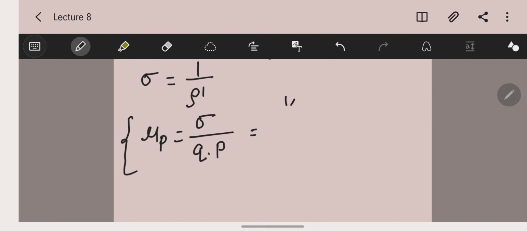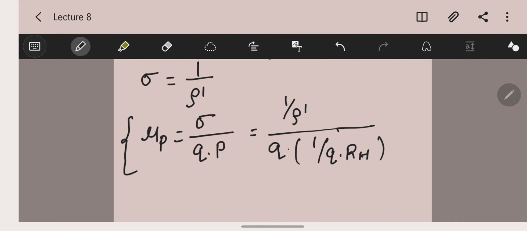I can write this conductivity in the form of the resistivity, 1 by rho dash, and modify this in terms of the Hall coefficient, Q into 1 by Q into RH. Using the above equations, this mobility of holes will be equal to RH, the Hall coefficient, divided by the resistivity.